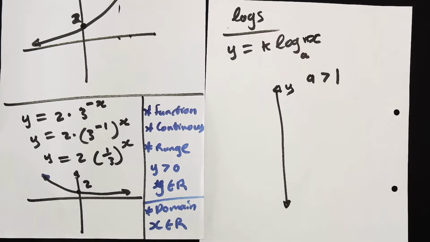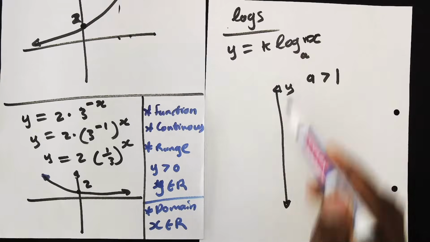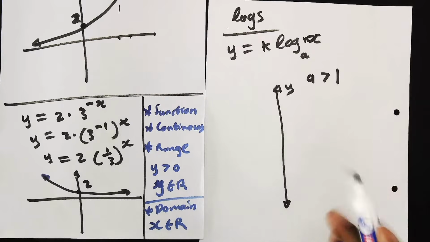So before you do anything with logs, maybe just first put the y-axis and mark it with an L. Just say L for logs. It means that I must use this vertical axis as the asymptote for logs.